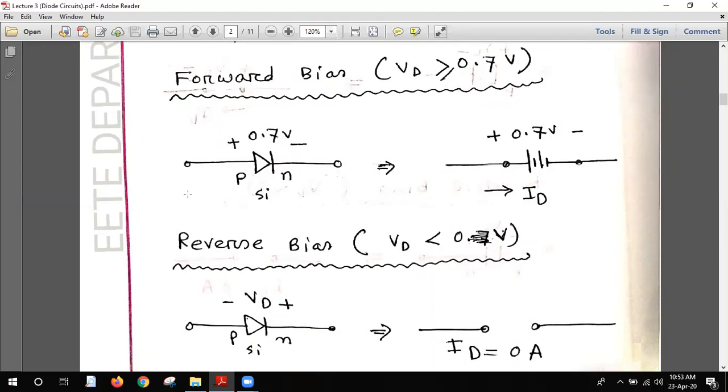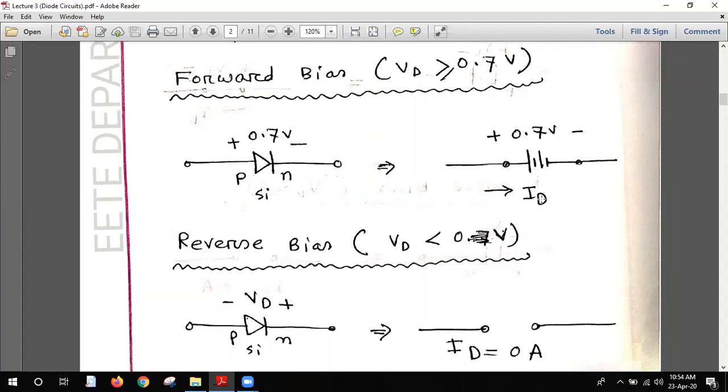When 0.7 volt is applied, it will be just like shorted and there will be a voltage drop of 0.7 volt, which acts like a battery source of 0.7 volt, and the current will flow.